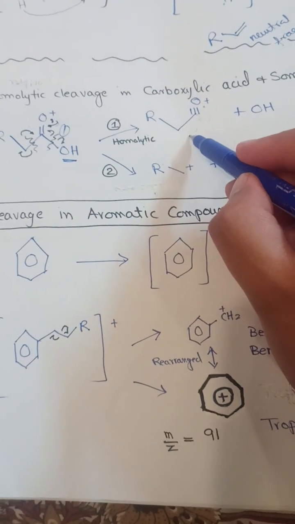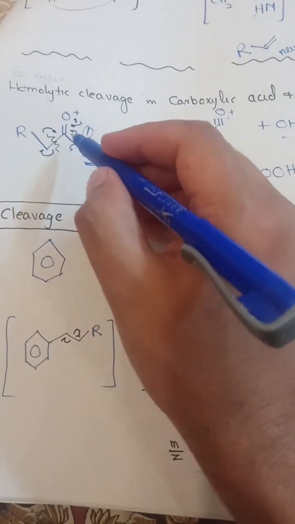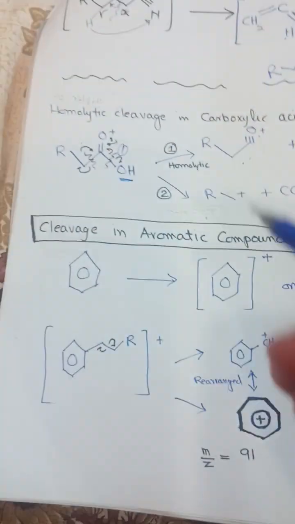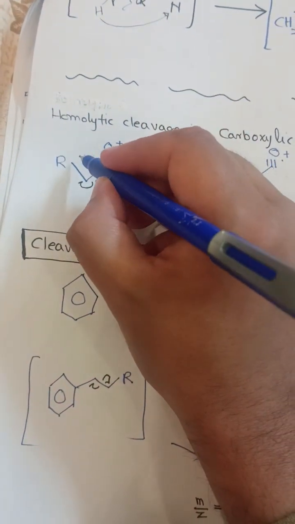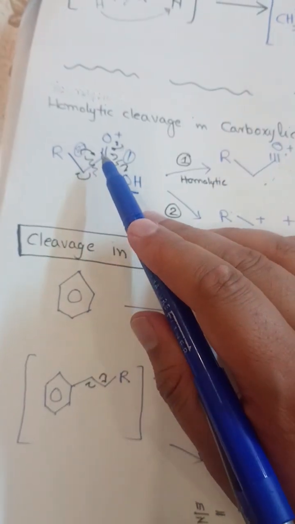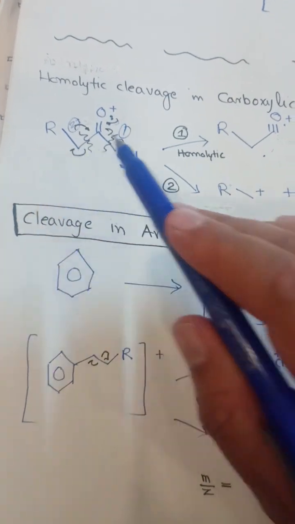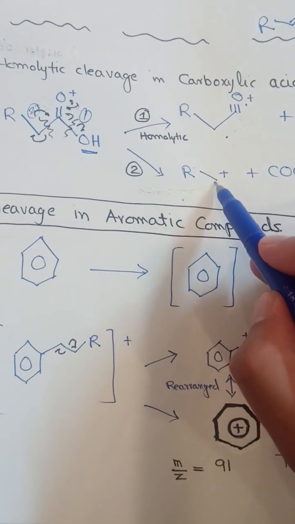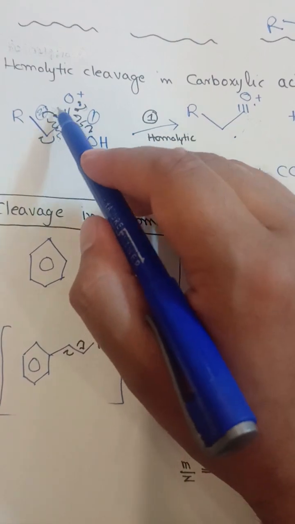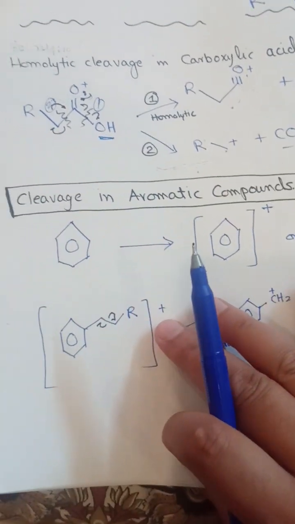So this will give us a peak and a hydroxyl free radical. The second case is observed here. In the second case it is from this end. So from this end we will get this positively charged fragment, and this bond will be shifted here, so it can be like this carboxylic group.